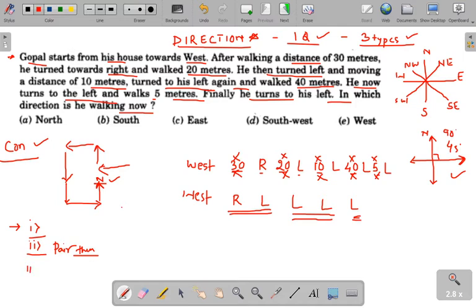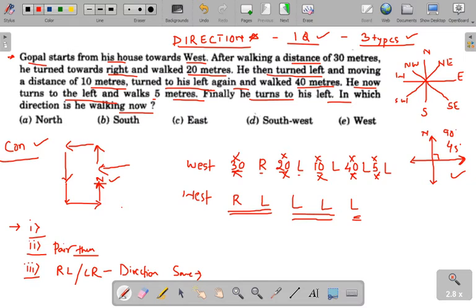Now what do I do by this pair? Pay attention. If the pair is right and left, or left and right, the direction remains the same. It means whenever the pairing is right and left or left and right, he will be in the same direction in which he is moving. There will be no change in direction.